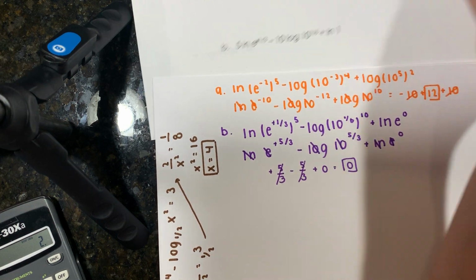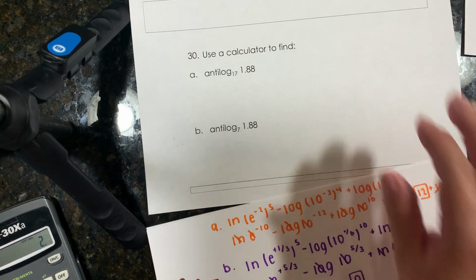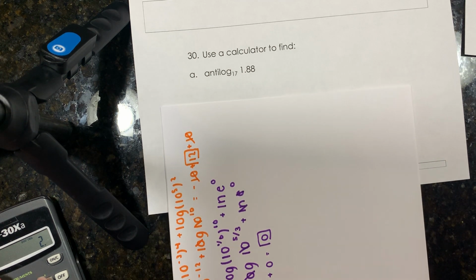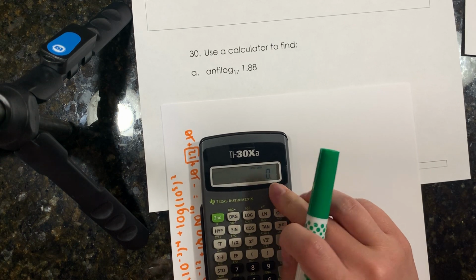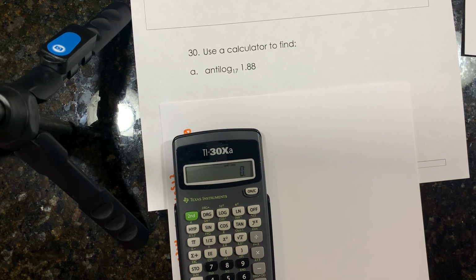And now lastly, number 30, we're just going to be using our calculator for this problem here. Just remember that you're writing it to 4 decimal places instead of just your normal 2. So anti-log means you're solving for the number when the base is 17 and the exponent is 1.88.